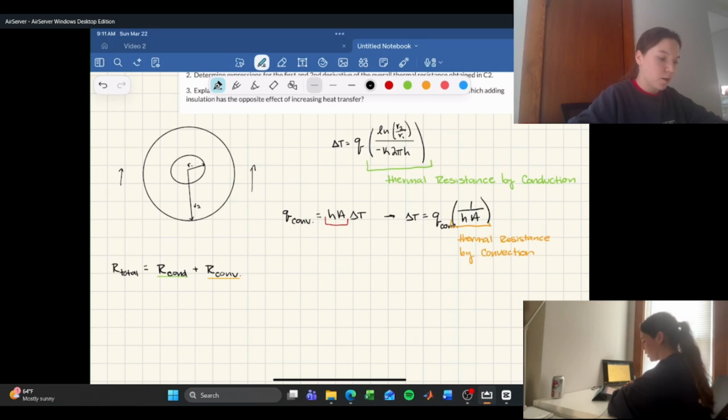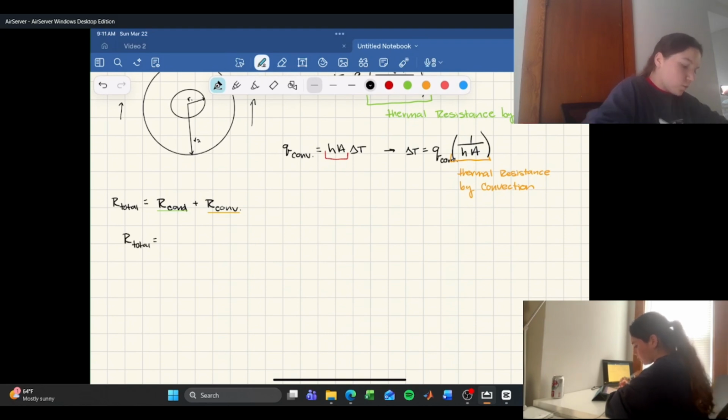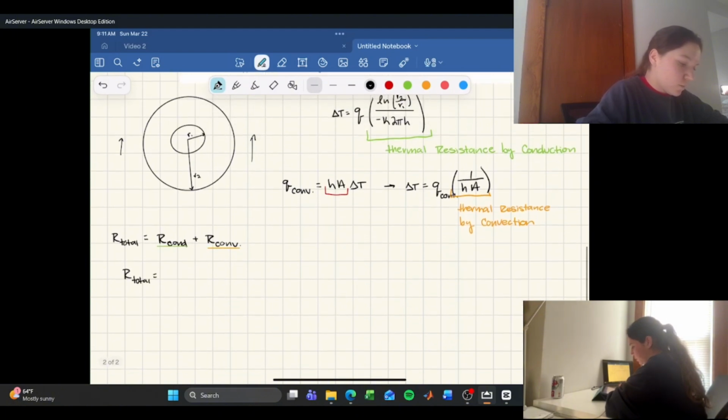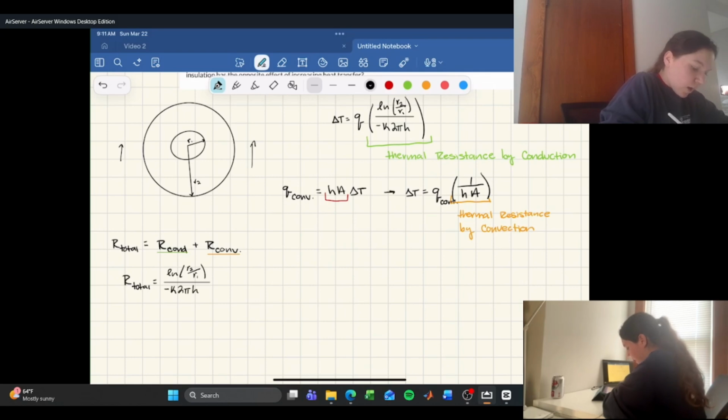Okay, so now we can plug some values in. We have that the total resistance is equal to the resistance by conduction. That's going to be the natural log of the radius 2 over the radius 1, all divided by the negative thermal conductivity times 2 pi times the height.